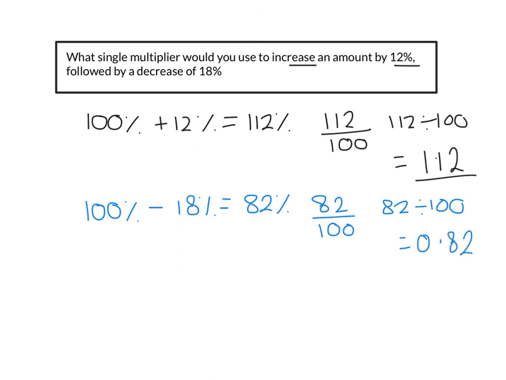So altogether, if I wanted to increase by 12%, I would be timesing by 1.12, and I wanted then to decrease by 18%, I'd be timesing by 0.82. So I can put that on my calculator, 1.12 times 0.82, and that's going to give me 0.9184.